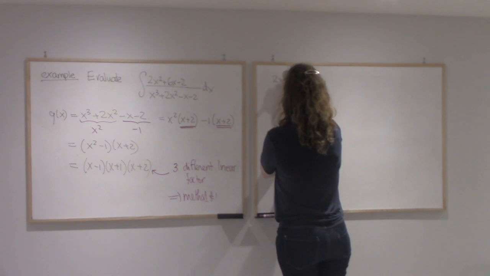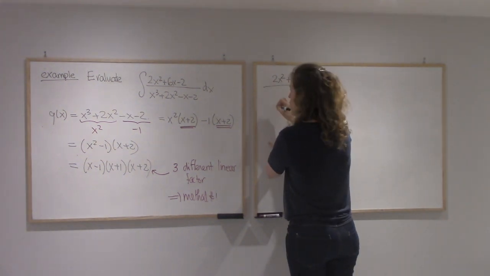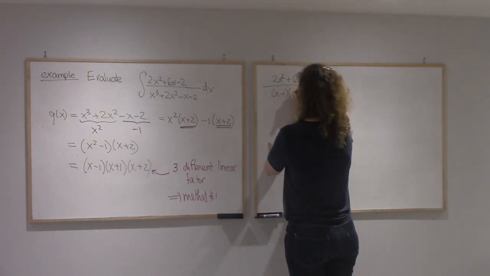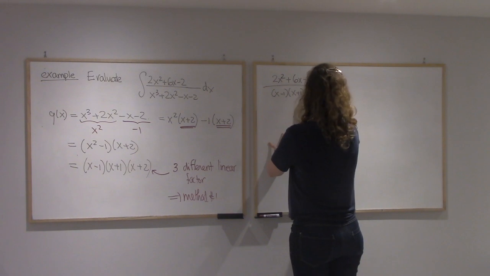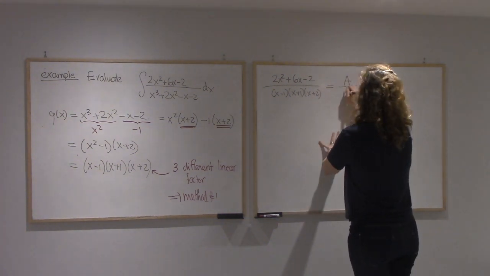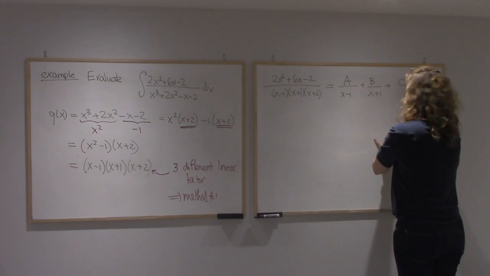So 2x squared plus 6x minus 2 over q of x. Let me write the factored one. That's going to be equal to a over x minus 1 plus b over x plus 1 plus c over x plus 2.